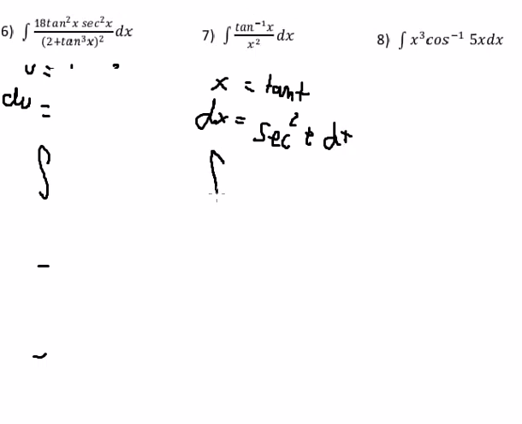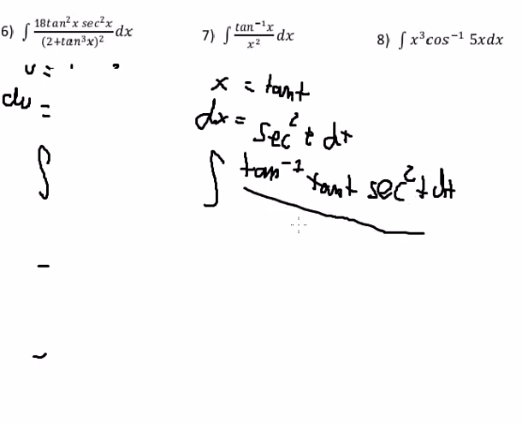So we put tan t in here. So you get secant t squared in here. And we have tan t squared in here. So this one you get t.